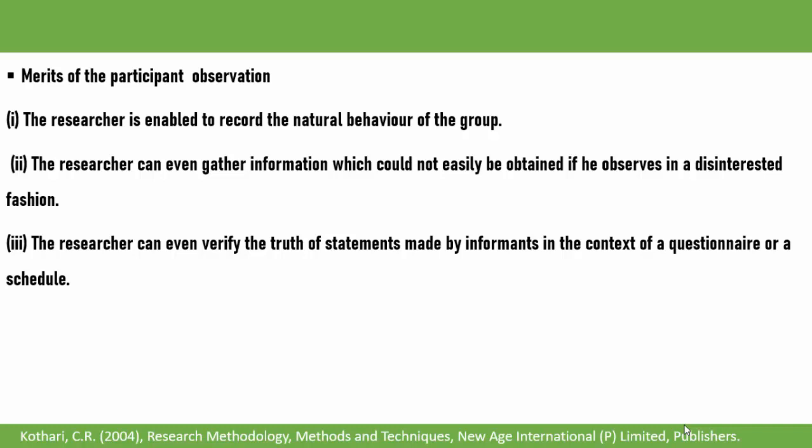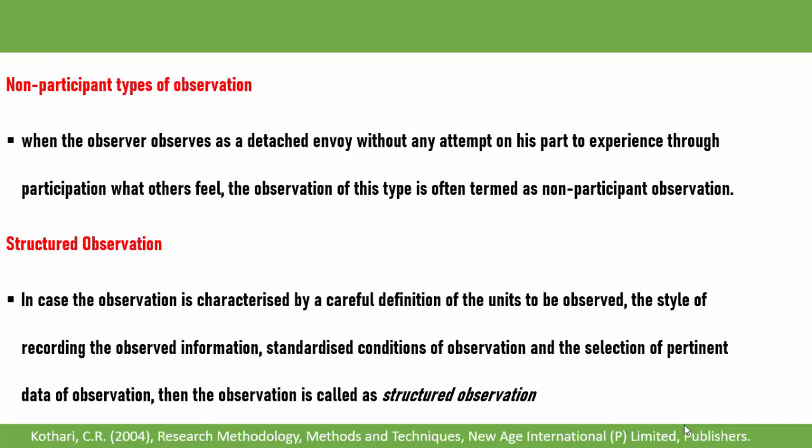The researcher can even gather information which could not easily be obtained if he observes in a disintegrated fashion. The researcher can even verify the truth of statements made by informants in the context of a questionnaire or schedule.